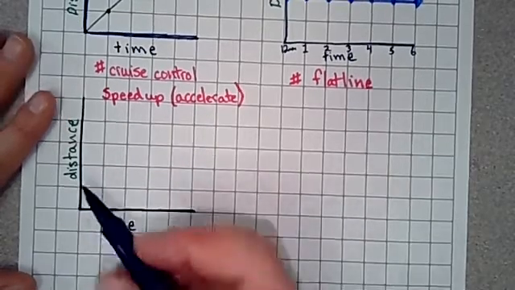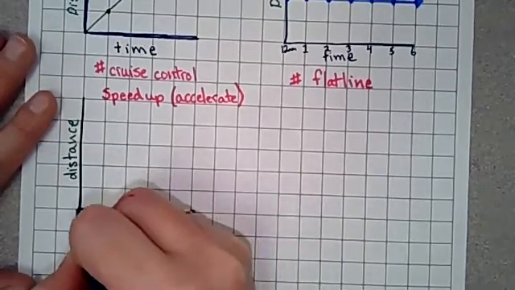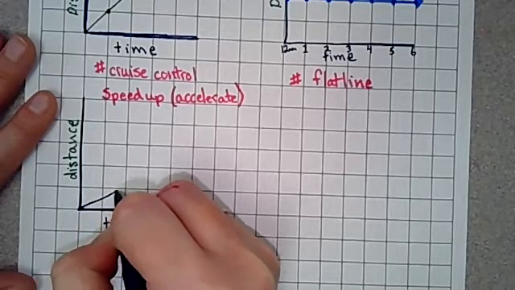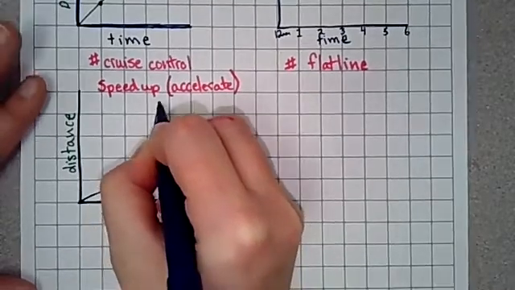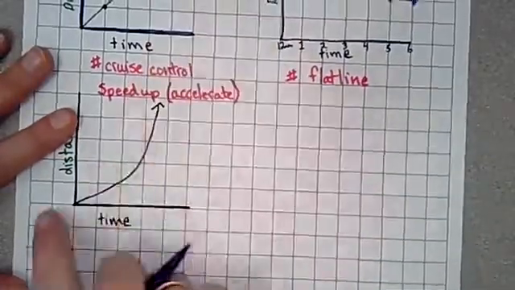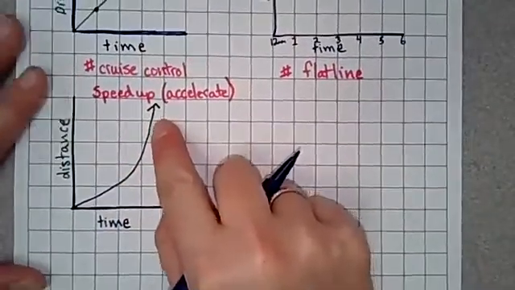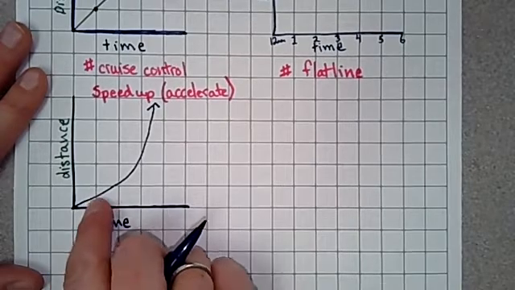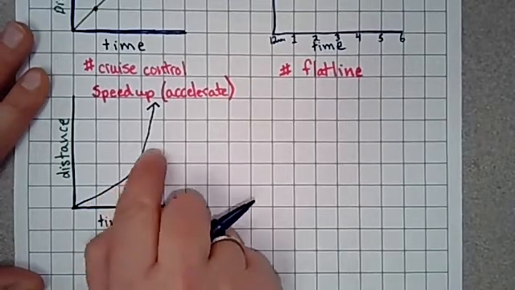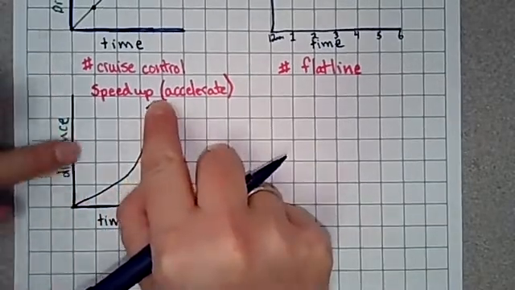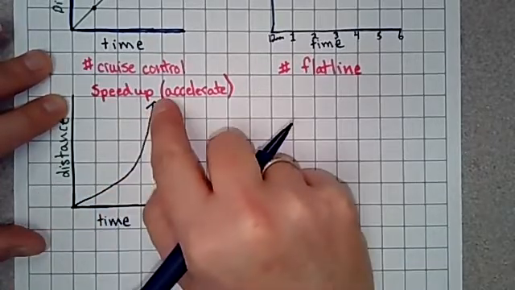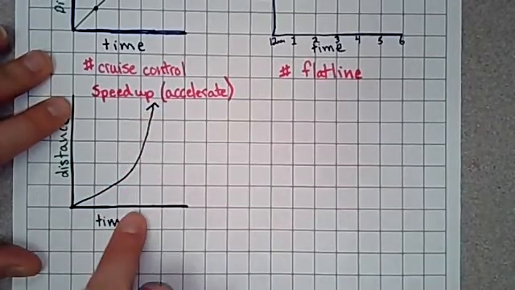It will start off kind of like this, and then it will go, woo. It'll make an upward curve. So what has happened is your parents were traveling at a constant speed, that straight line, and then they started going faster, and they went more of a distance in less amount of time.